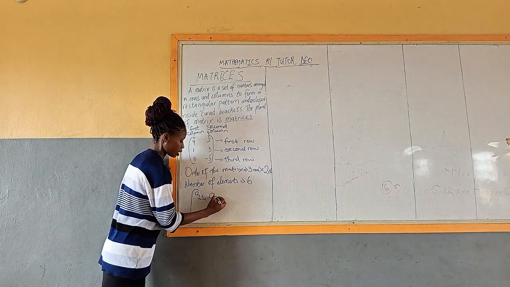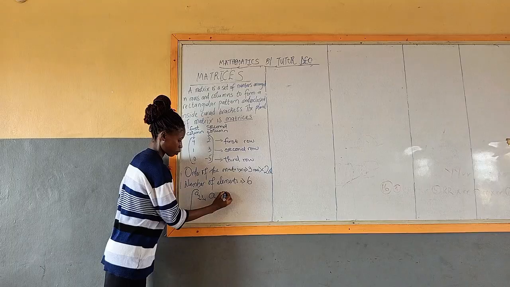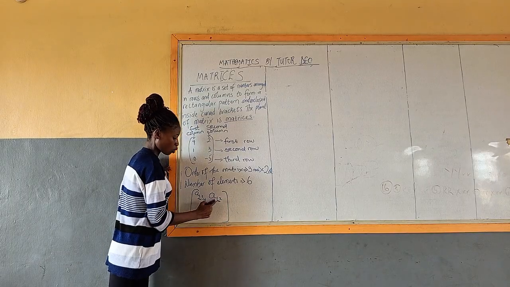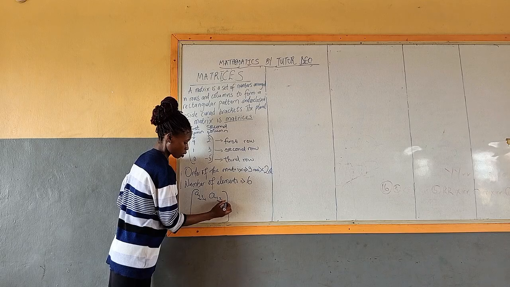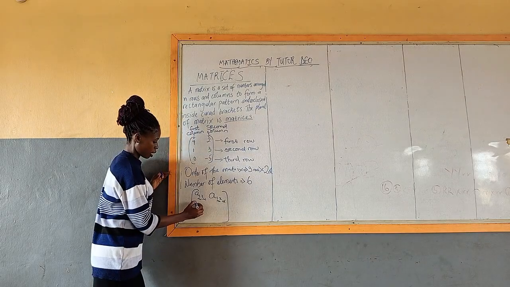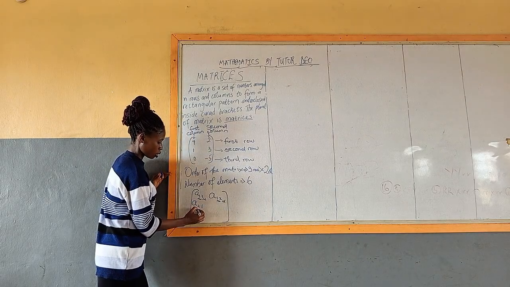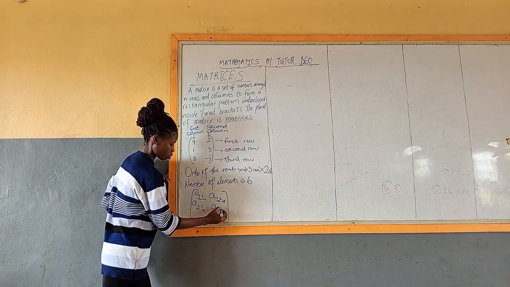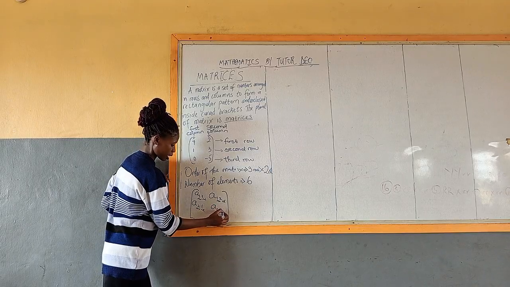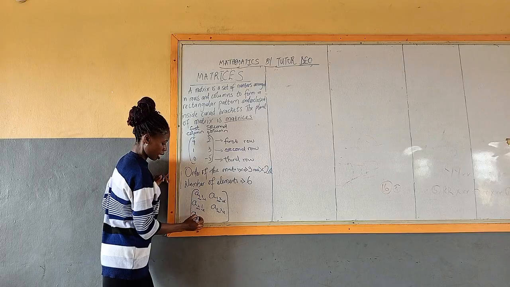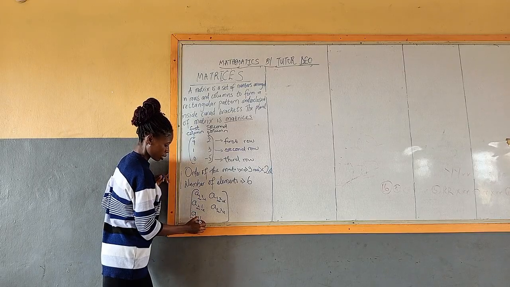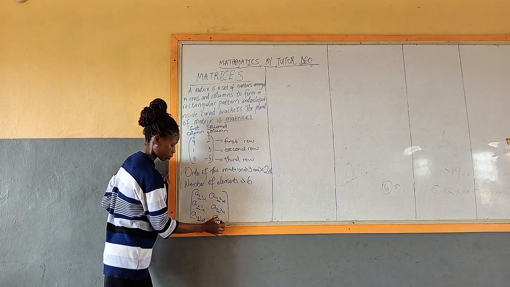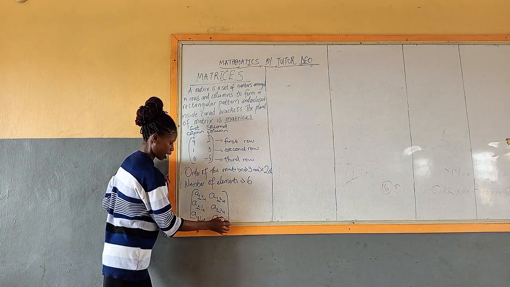The next one is A12. The first one here represents row, 2 here represents column. A21, same thing applies. A22, same thing applies. A31, same thing applies. A32, same thing applies.